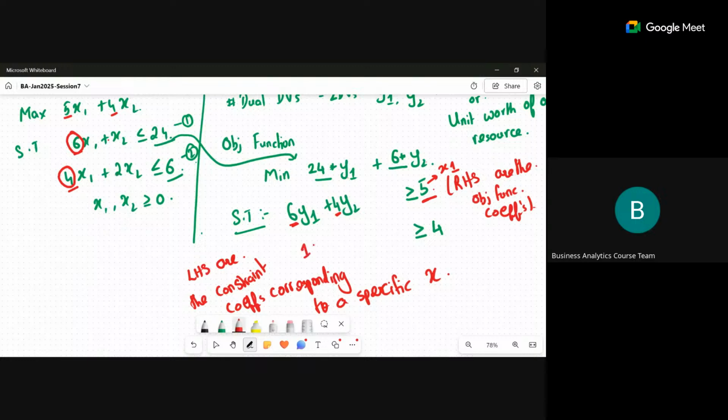So 1y1 plus 2y2 must be greater than or equal to 4. That is going to be the 4 for x2. So take the corresponding coefficients and multiply them with the decision variables of your dual. If you do this and then say y1, y2 greater than or equal to 0, you have converted the primal to a dual form.